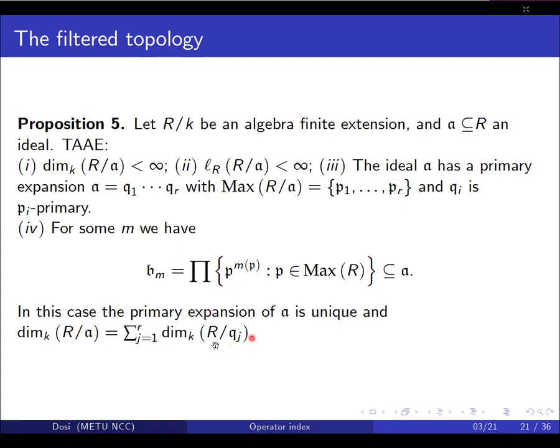And the dimension can be calculated as a sum over this primary expansion. Here we are involving the famous result from Lasker-Noether about the primary decomposition, and we can prove that all of these are equivalent. This is the description of our topology, our filter base, and what is happening here.